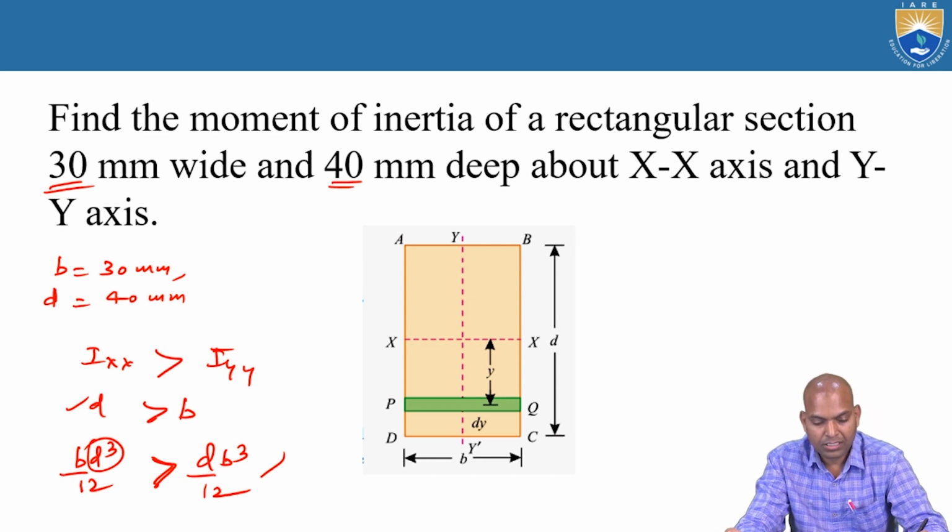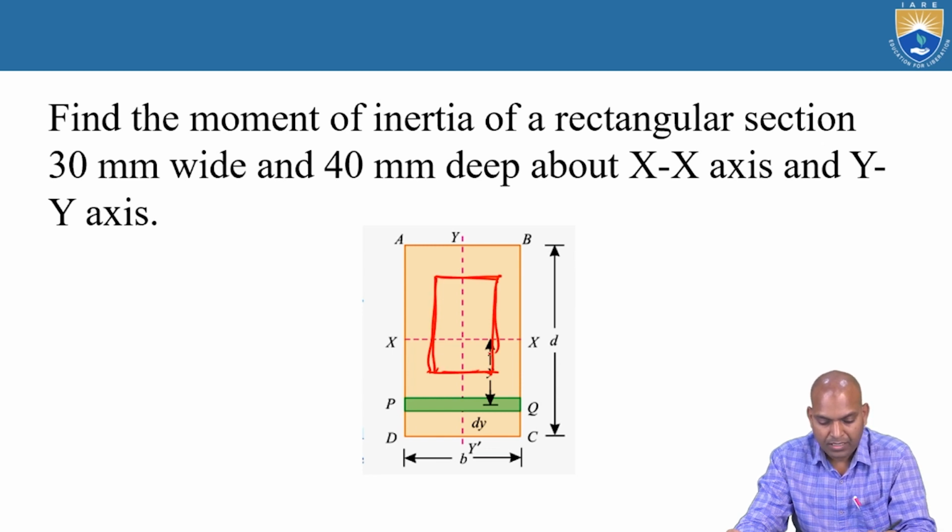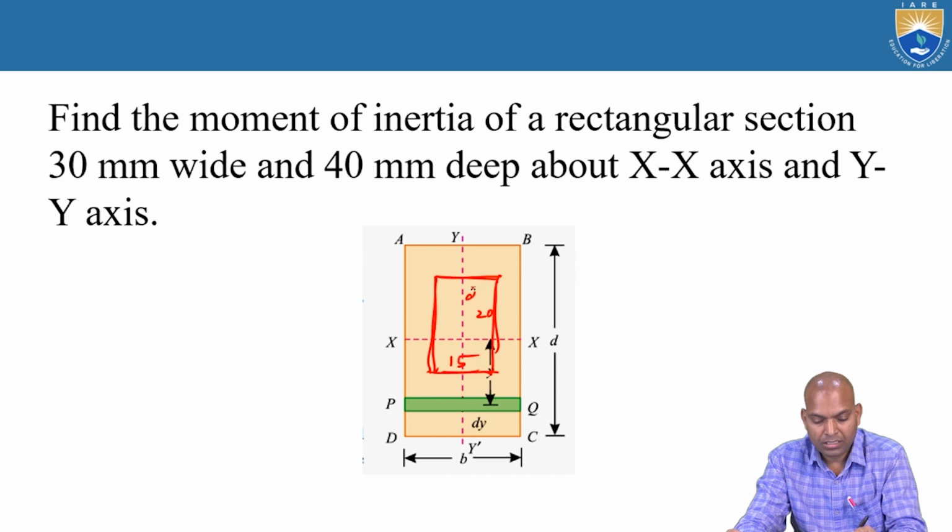For a hollow rectangular section, suppose the dimensions are given as D and B equal to 40 and 30, and the inner dimensions are 20 and 15, considered as D1 and B1.